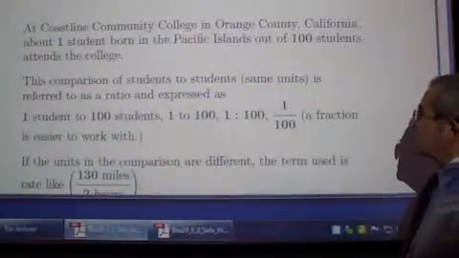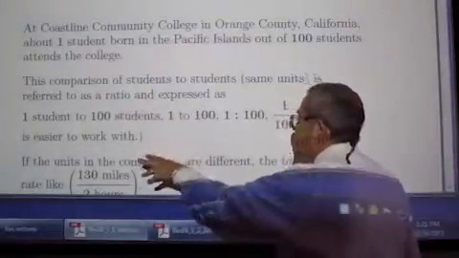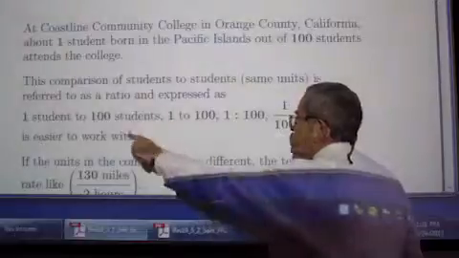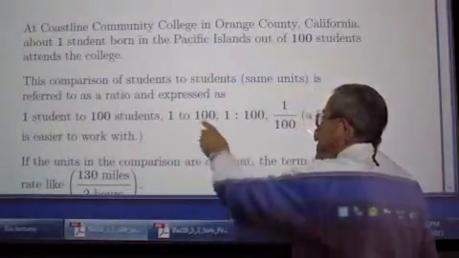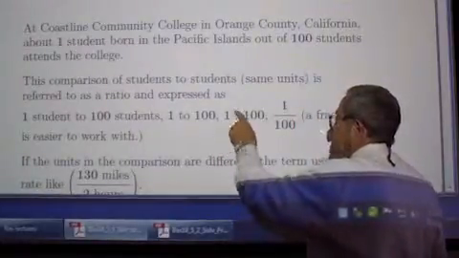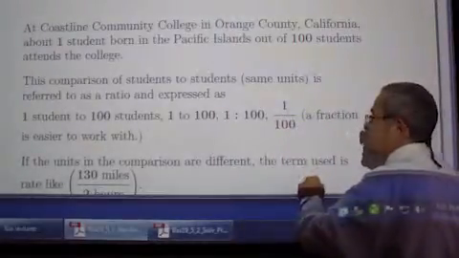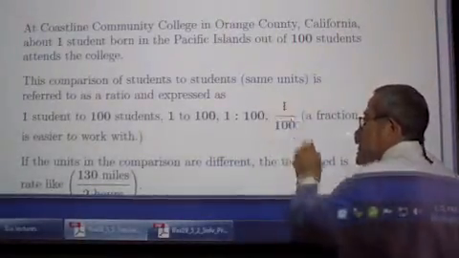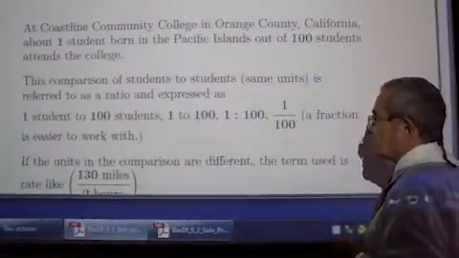And the ratio would be 1 student in the Pacific to 100 of all students, which is written as 1 to 100, which is written as 1:100, which is written as a fraction, 1/100. In my opinion, the fraction is the most useful. So that's easier to work with.